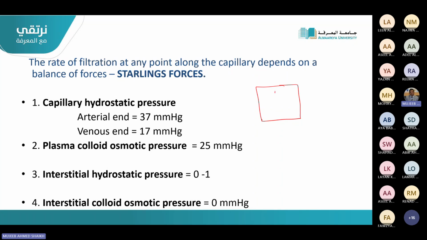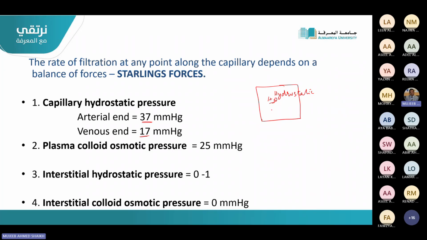One is hydrostatic pressure. What is this hydrostatic? Based on the amount of water. More the water, more hydrostatic pressure. Less the water, less hydrostatic pressure. Water is present in blood, so if you have more blood volume, you will have more hydrostatic pressure. If you measure the hydrostatic pressure at the arterial end, it is 37 millimeter of mercury. At the venous end, it is 17 millimeter of mercury.